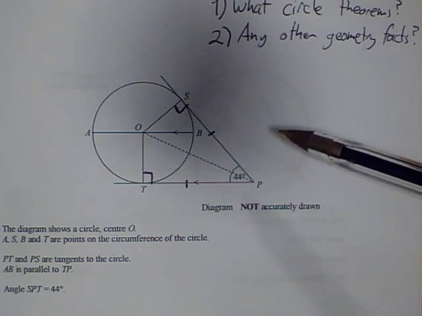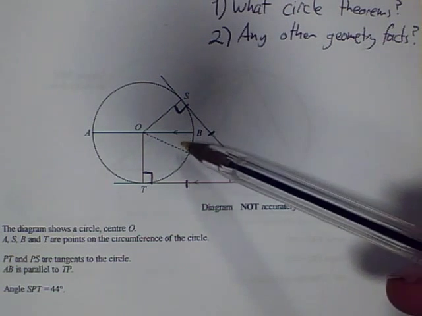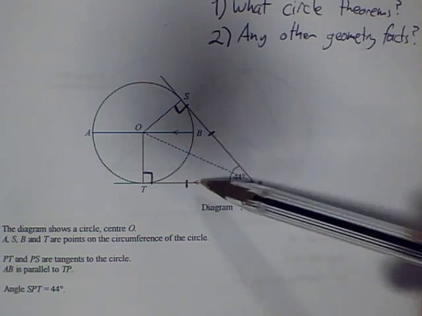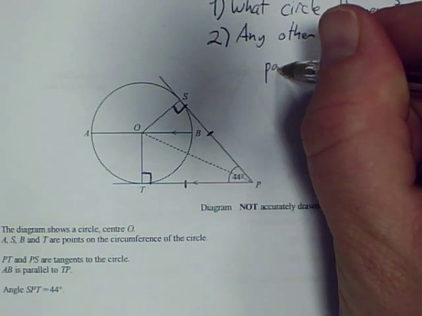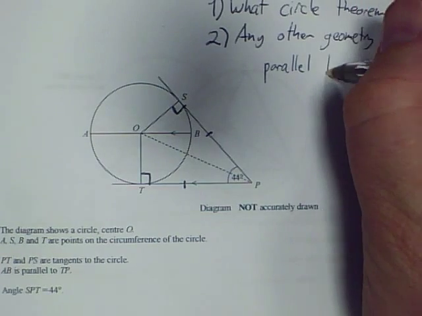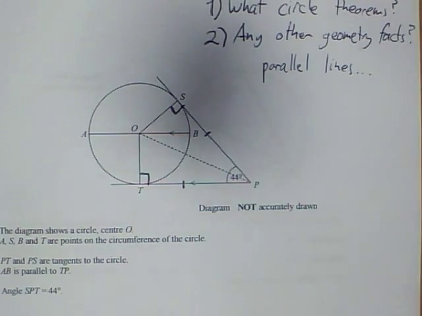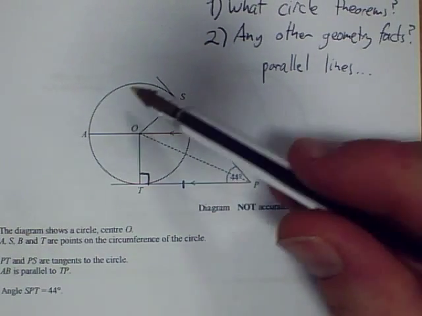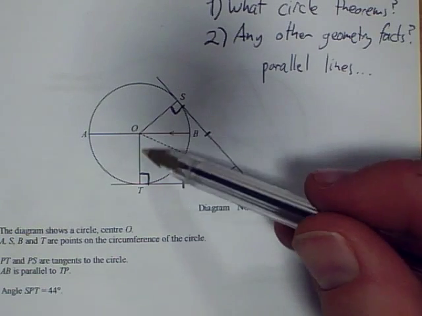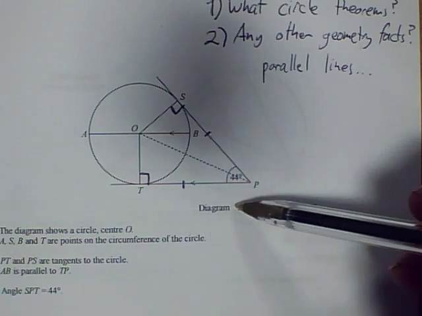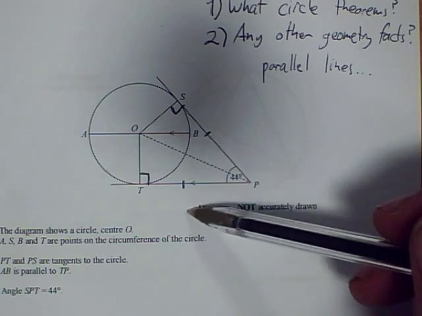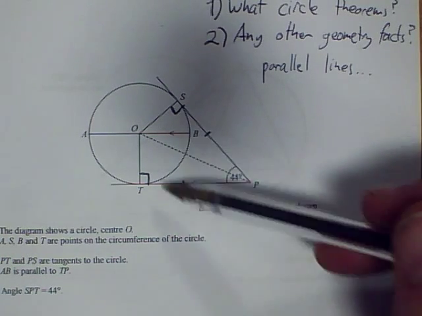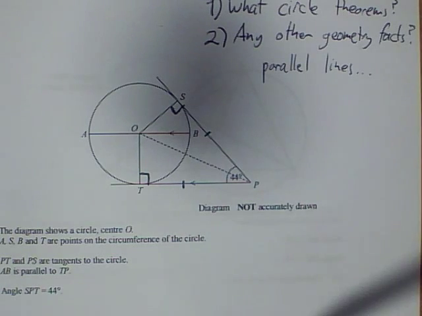Any other geometry facts? Well, big clue, I've got parallel lines. I've also got some triangles and a quadrilateral, a kite, and some parallel lines that I might need to use, so alternate or corresponding angles might come into play.